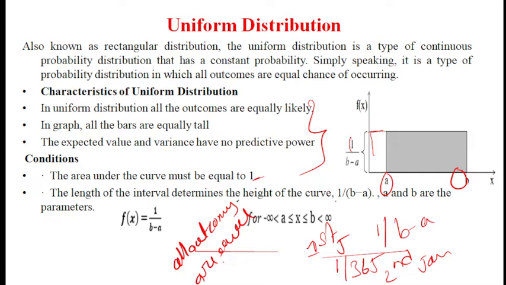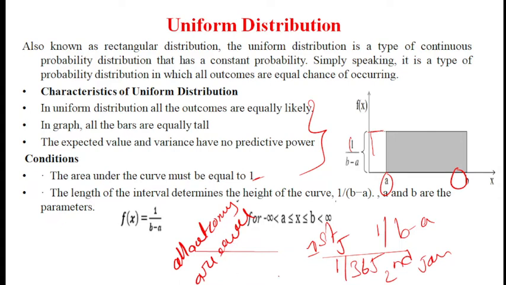Remember, this uniform distribution helps to identify the predictive power where all the outcomes have an equal chance of occurring.